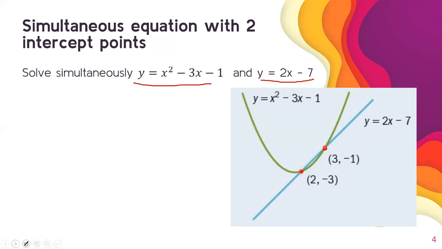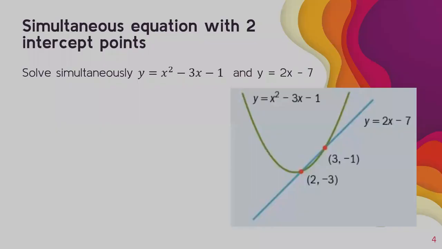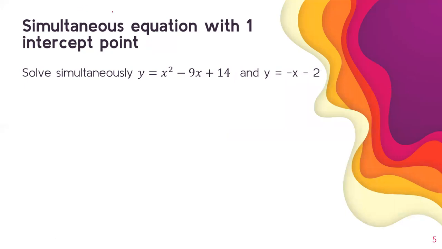All right, next I'm going to move to the next slide for simultaneous equations with one intersection point. This is the parabola graph if we draw these equations, and this is the straight line. This is the linear equation, this one the quadratic equation.